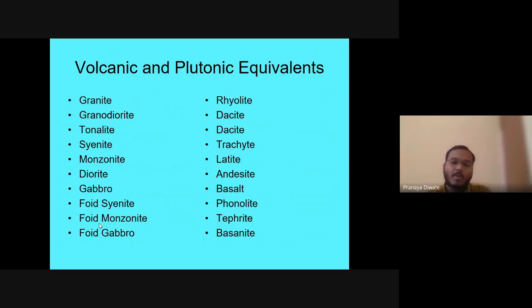Then you have gabbro. Gabbro is a form of basalt: at the subsurface it is called gabbro, and on the surface it is called basalt. Then you have different kinds of systems and all. This is how you can classify.